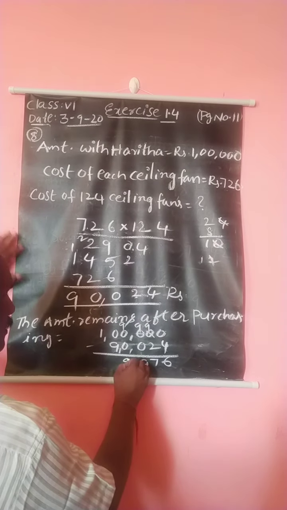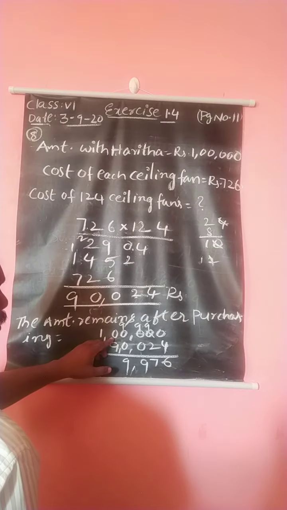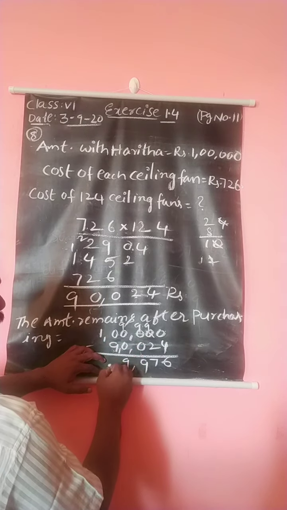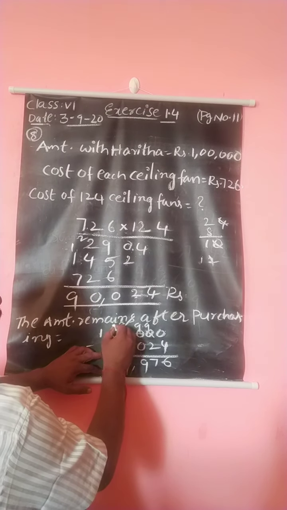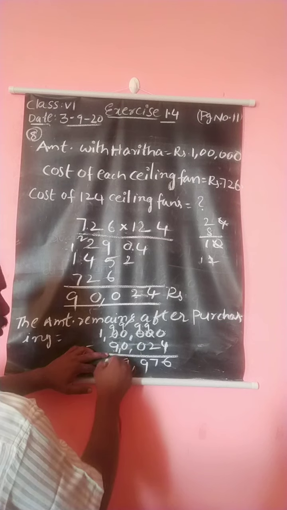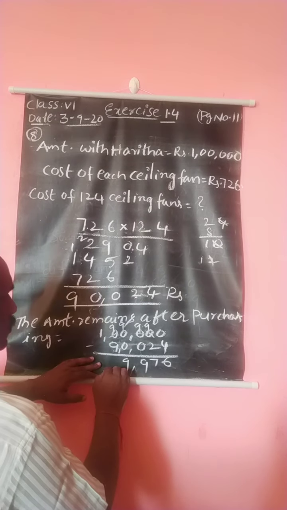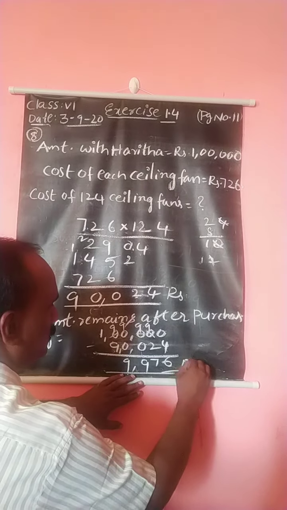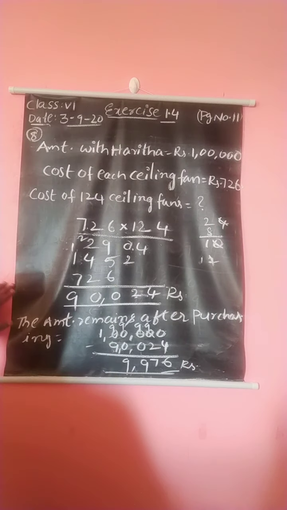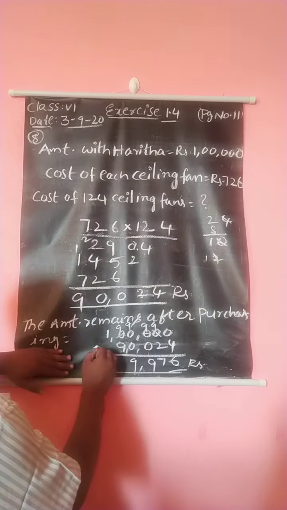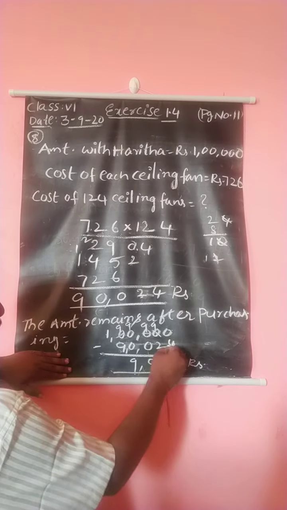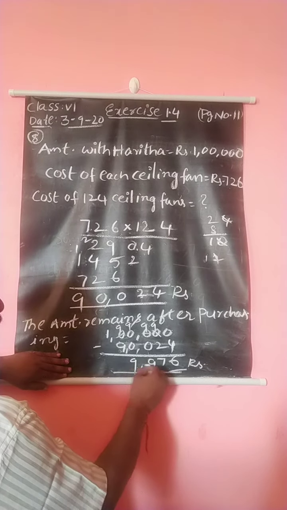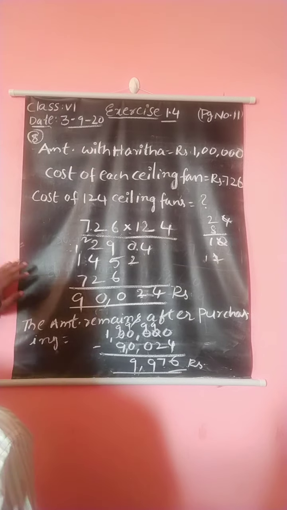Here 10 minus 9, here already is gone, 9 minus 9, 0, here also 0. So 9,976 rupees. What is the left amount? 1 lakh minus 90,024 rupees, 9,976 rupees still left.